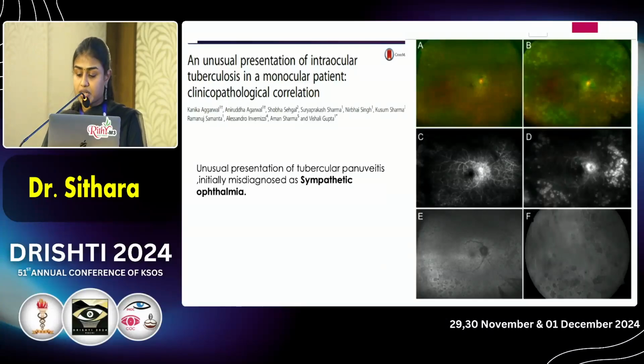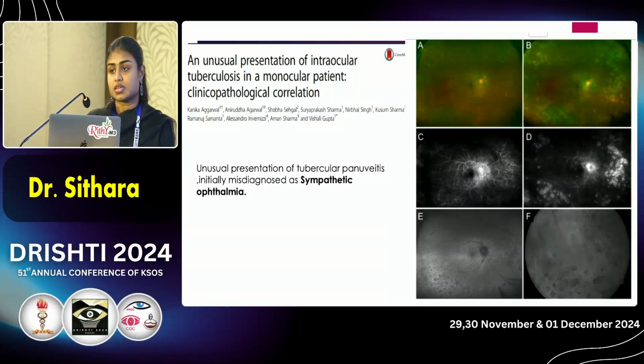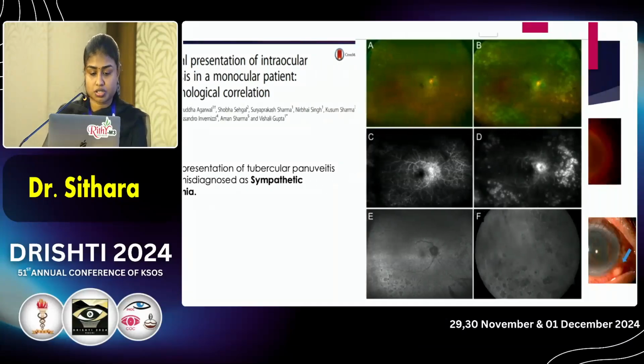But due to worsening of the symptoms and chorioretinal lesions, the patient was further investigated and was found to have a positive tuberculin test, and CT showed positive mediastinal lymph nodes. The enucleated specimen of the left eye showed the presence of acid-fast bacilli. Hence, the patient was started on ATT and the symptoms were cured.